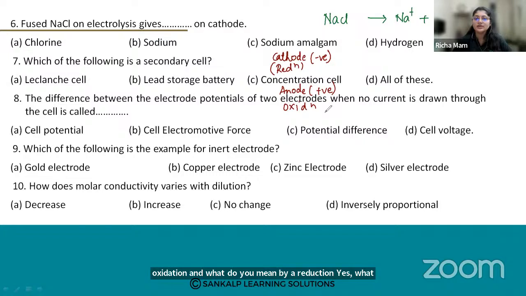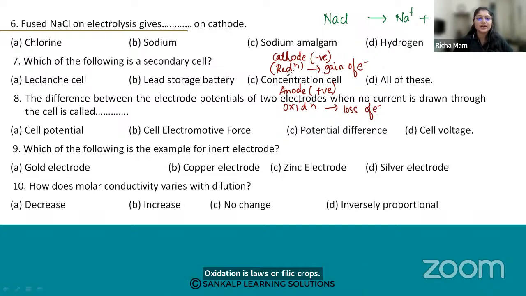Oxidation is loss of electrons, reduction is gain of electrons. So cathode is the negative terminal, reduction takes place, so there is a gain of electrons.